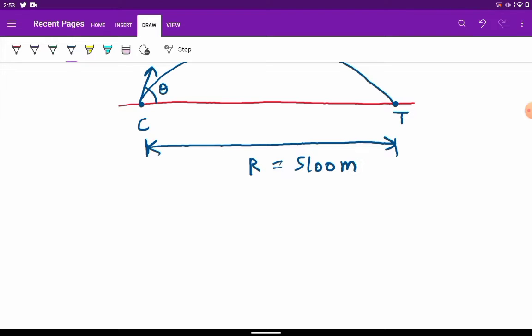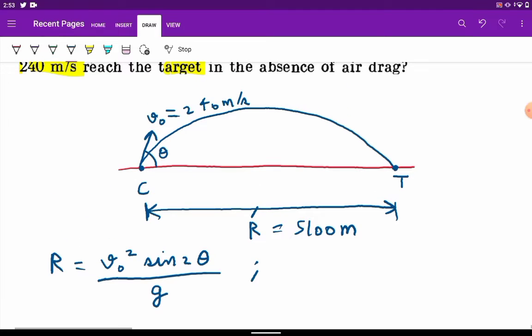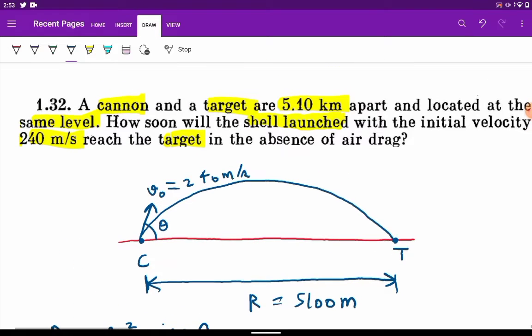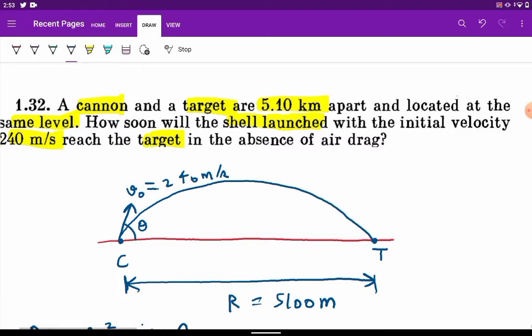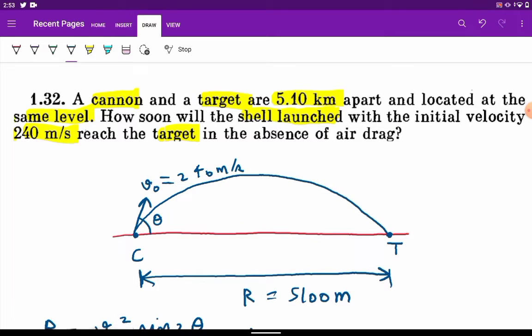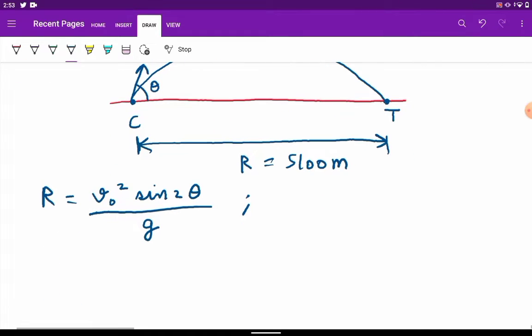So your range is v naught square sine 2 theta divided by g. What we are interested in is the time, how soon will the shell reach the target. So we are interested in the time of motion.